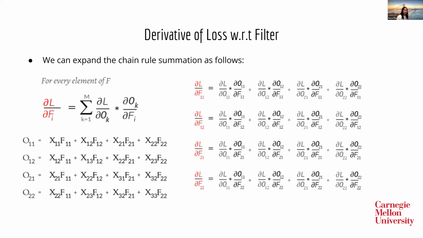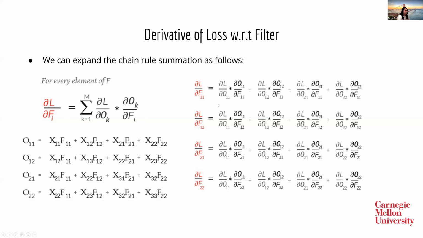So let's take our previous example and expand this calculation. The left bottom part is actually the convolution calculation. And if we expand this summation, we can get the equations on the right.